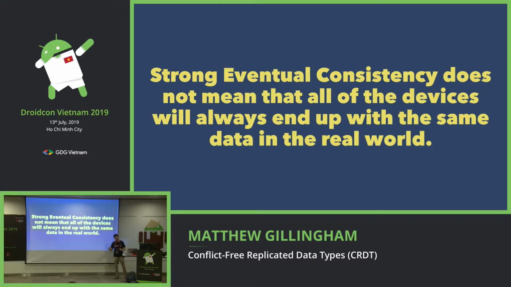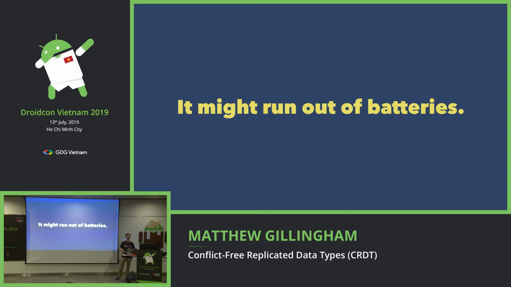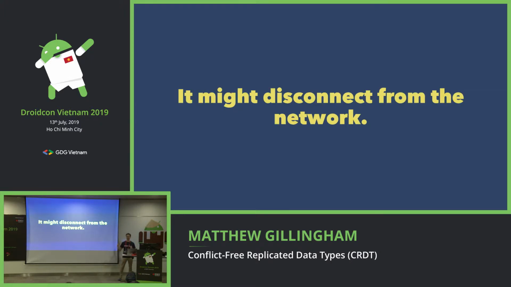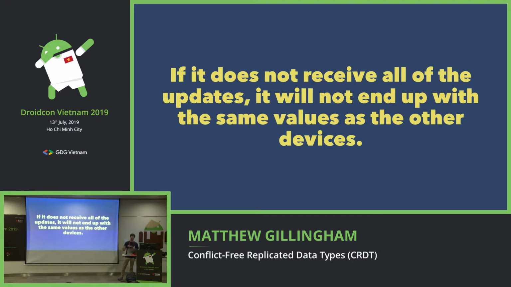Strong eventual consistency does not mean that all of the devices will always end up with the same data in the real world. For example, your device in the real world might run out of batteries. It might break. It might get disconnected from the network. If it does not receive all the updates, it will not end up with the same values as the other devices.